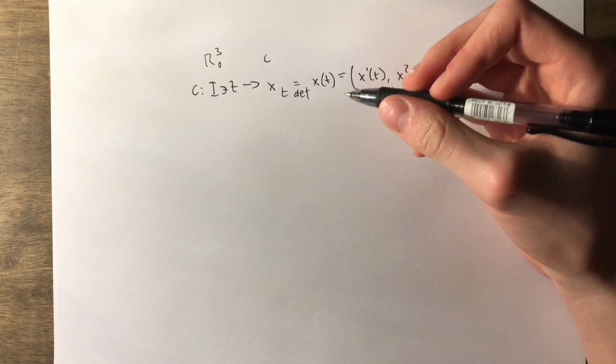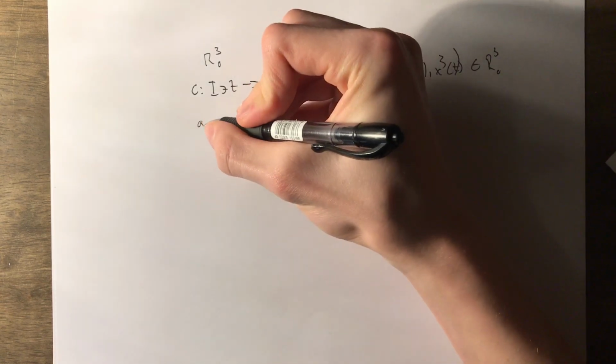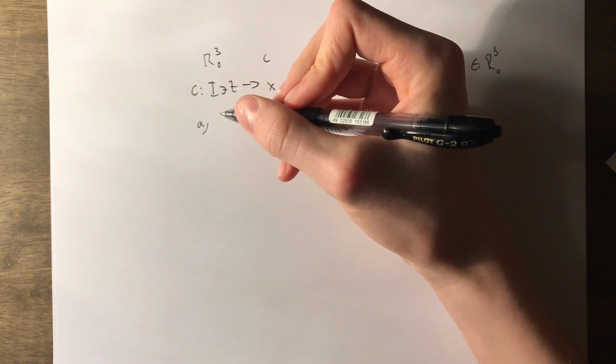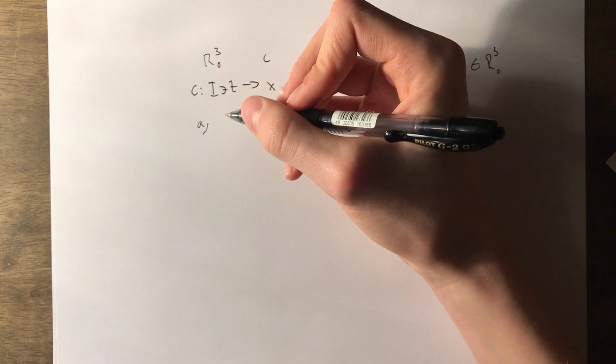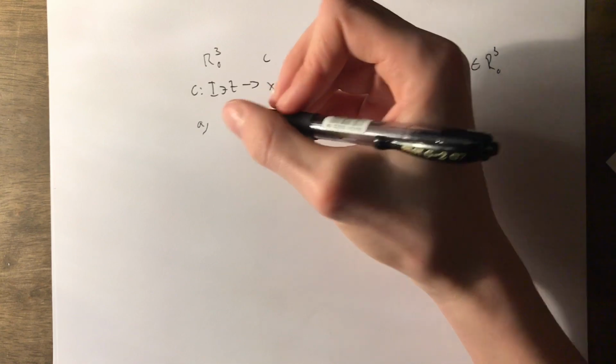The curve C is well defined under two assumptions. A, that we accept the constant function, which maps the whole I at one fixed point of R^3, as a degenerate curve. We call it the constant curve.